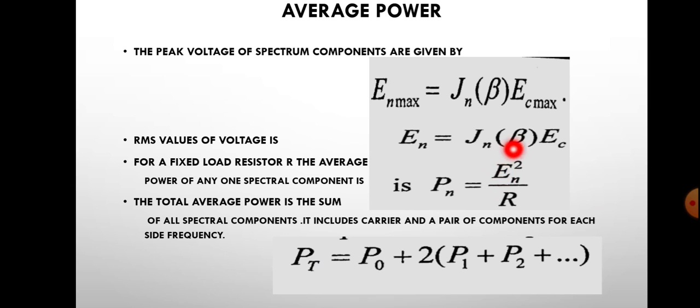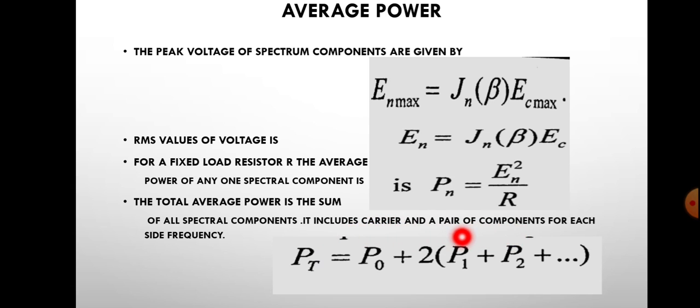In the case of FM, there will be a large number of sidebands, so the total average power is the sum of all spectral components, including the carrier and the pairs of sidebands.